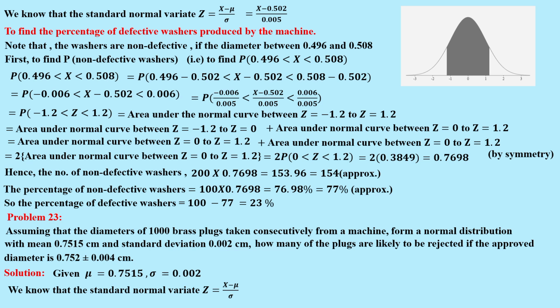As usual, the standard normal variate z is equal to (x minus mu) by sigma, that is (x minus 0.7515) by 0.002. Now to find the number of plugs likely to be rejected, note that the non-defective plugs are within the diameter 0.752 minus 0.004 and 0.752 plus 0.004, that is what they have given.